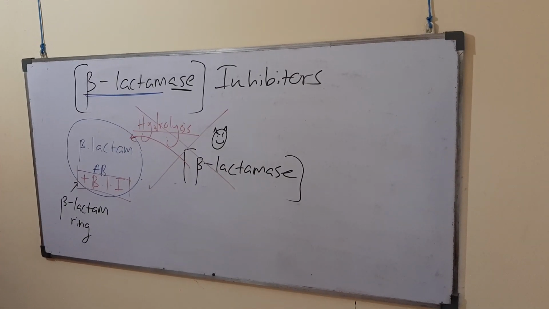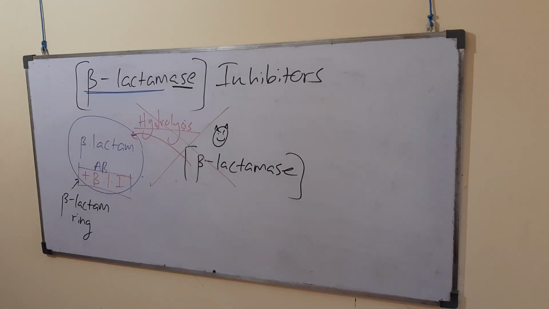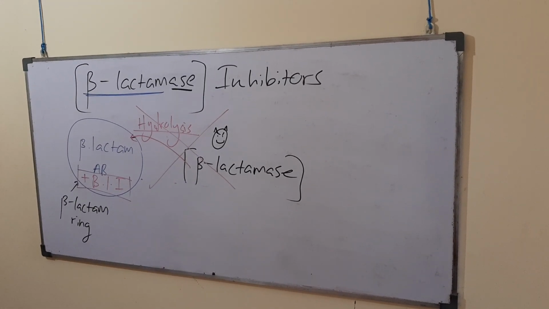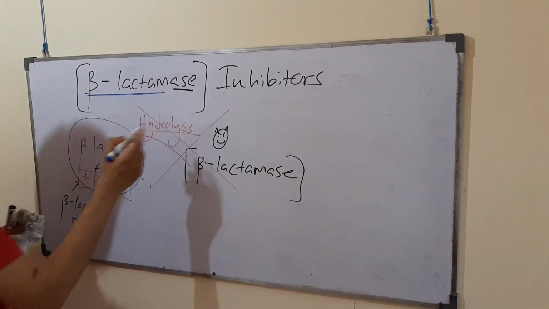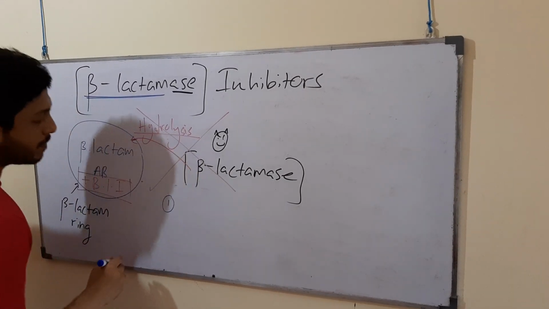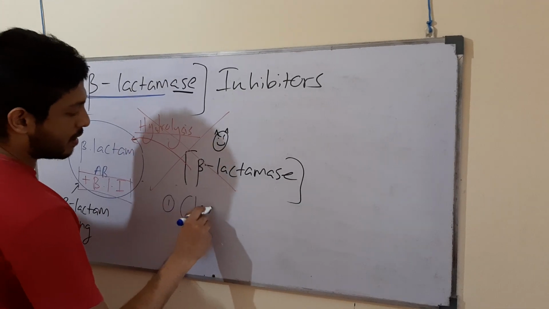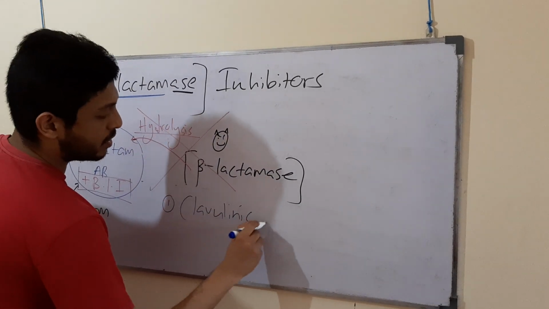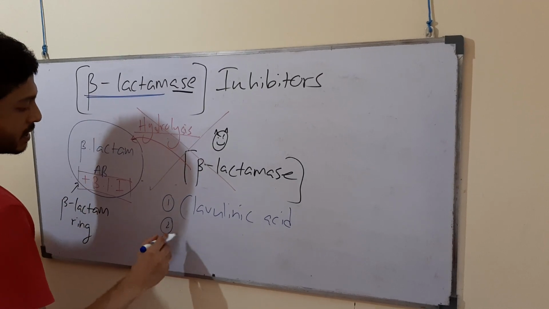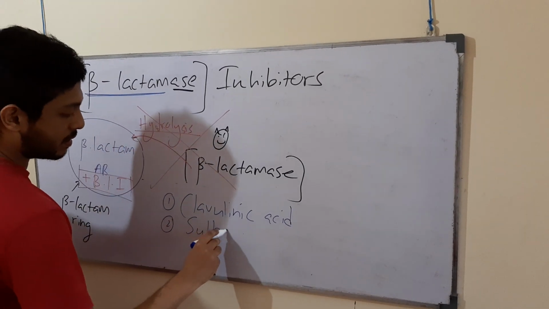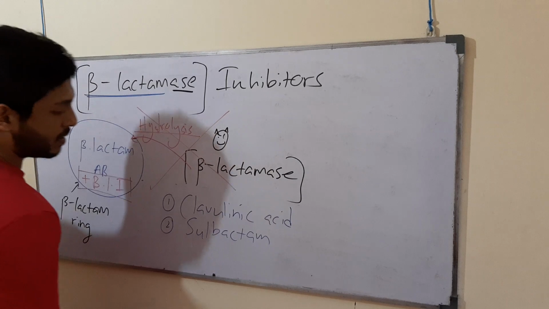So if I give you a couple of examples of beta lactamase inhibitors, we can talk about, for example, clavulanic acid, right? Or we can talk about sulbactam, right?